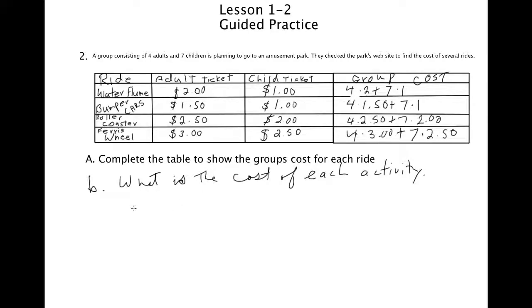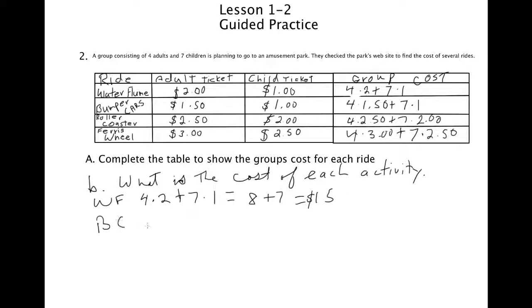And for each one of them, the water flume is just solving that particular equation. So 4 times 2, 7 times 1, that's going to be 8 plus 7, it'll equal 15 dollars. So that's the water flume.